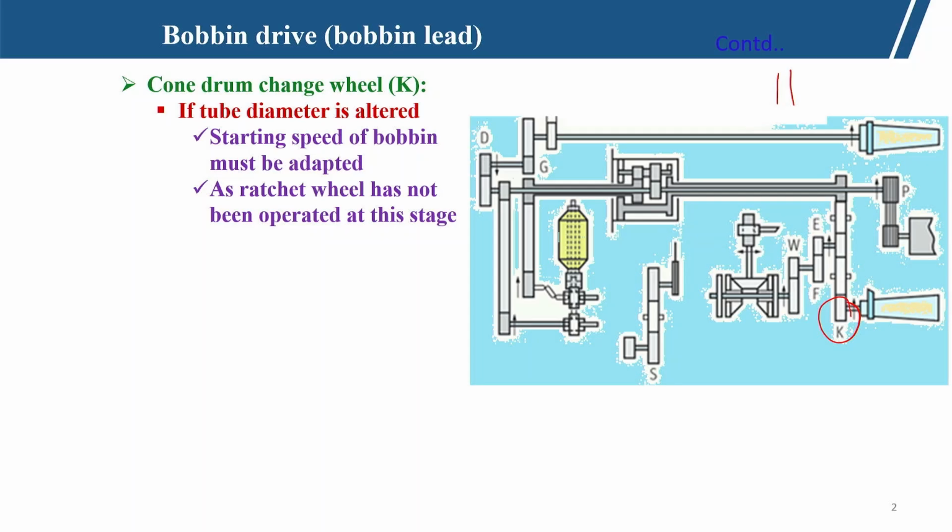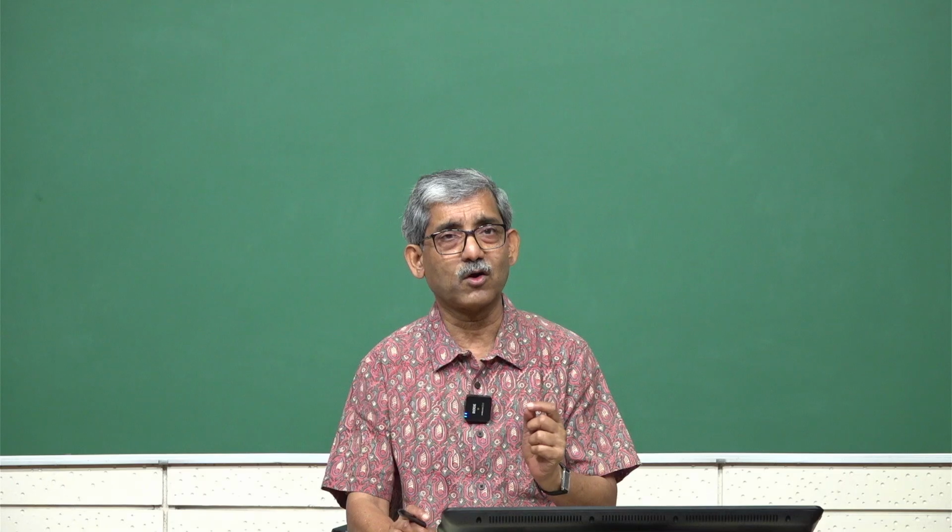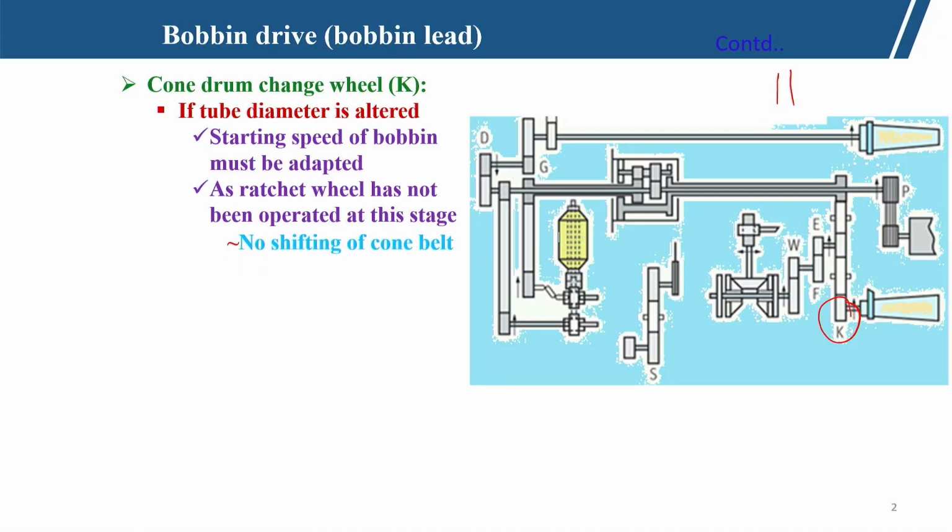The ratchet wheel has not been operated at this stage, because the ratchet wheel only operates after one layer. So, on the empty bobbin, the ratchet wheel has not been operated. So, the cone belt has not started shifting. So, in the first layer all these problems will be there, because from the second layer onward we can have all these systems in place.